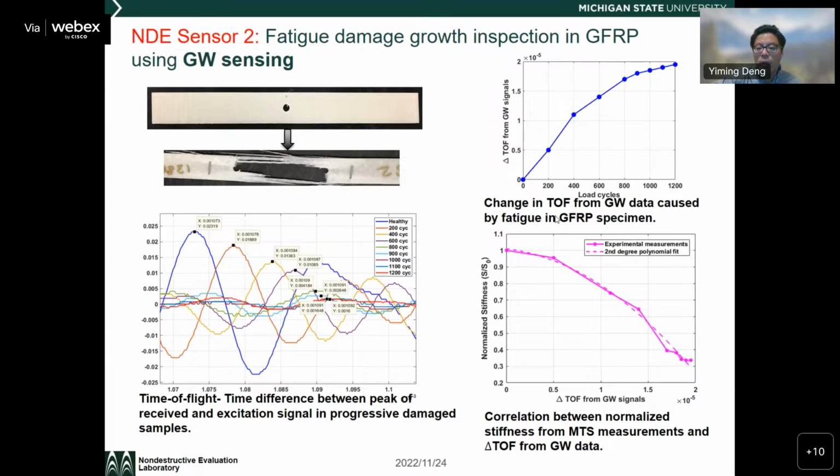If you recall what we did for the delamination damage area from OTS, you have a very similar pattern here. And you can also calculate the correlation between the normalized stiffness from the MTS machine versus delta TOF from the guided wave data.